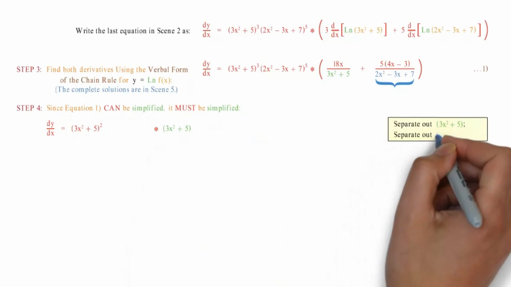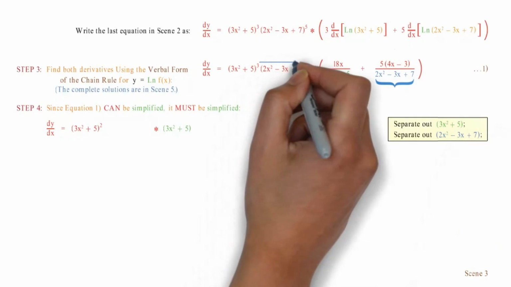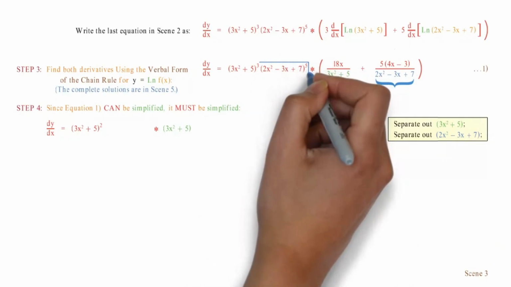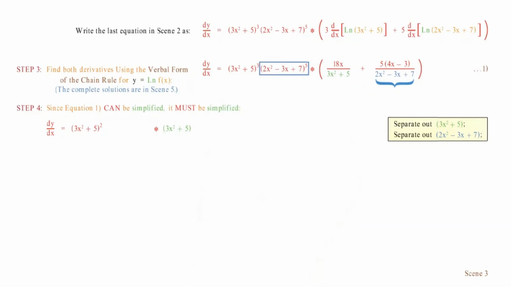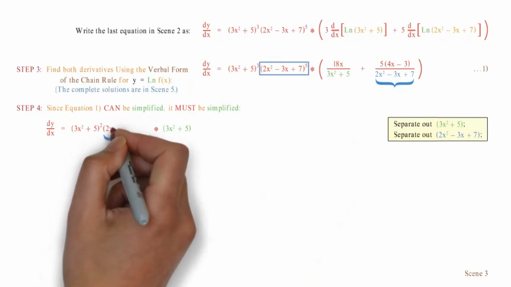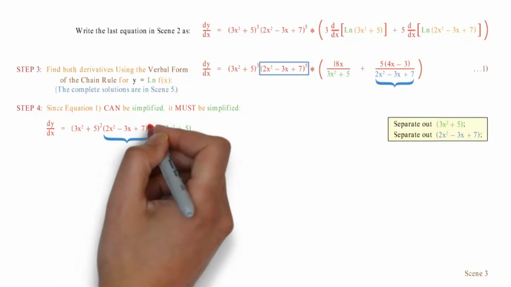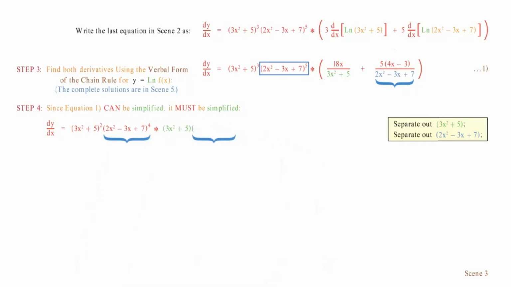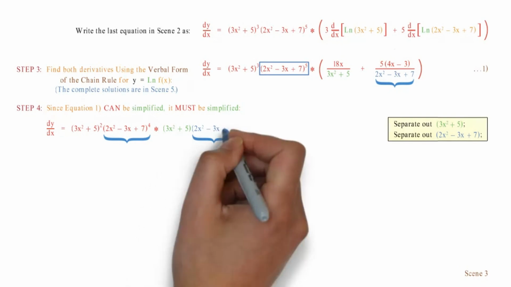Separate out 2x squared minus 3x plus 7. (2x squared minus 3x plus 7) to the fifth becomes (2x squared minus 3x plus 7) to the fourth times (2x squared minus 3x plus 7).